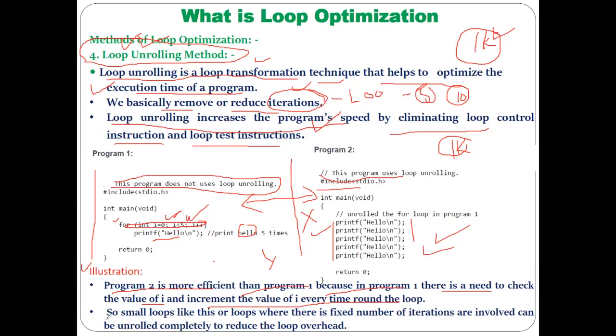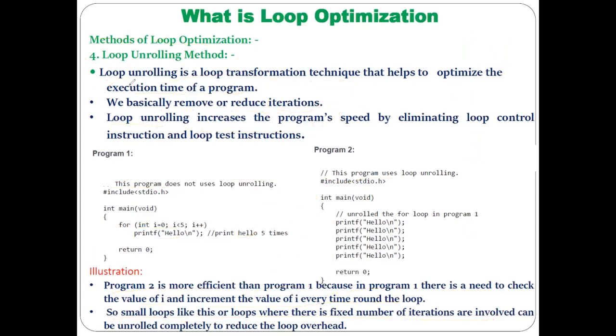So here I have mentioned that small loops like this, or loops where a fixed number of iterations are involved, can be unrolled completely to reduce the loop overhead. Understood? So if the iterations are small, then such a technique is suggested. But if the iterations are very large, like 100,000, then it is not good to utilize loop unrolling.